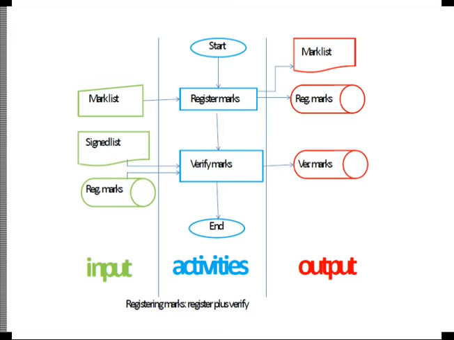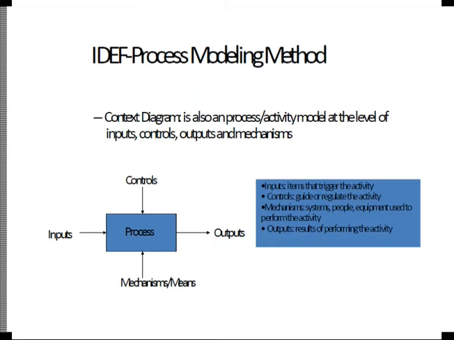Who's in favor of 4? Who's in favor of 3? 2? The majority. I go for the majority. 2. You only see registering and verifying. 2 activities, 2 sub-processes. The whole thing can be considered as one big process, registering marks. But basically, registering marks can be defined as 2 sub-processes, the actual registering and verifying of the marks.